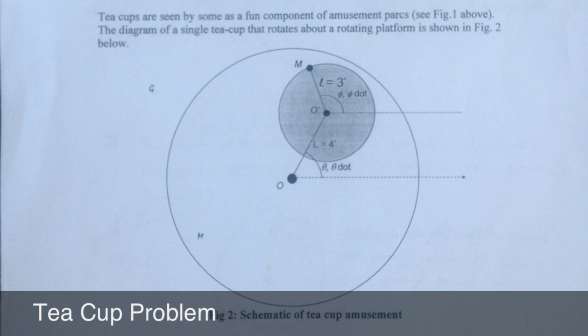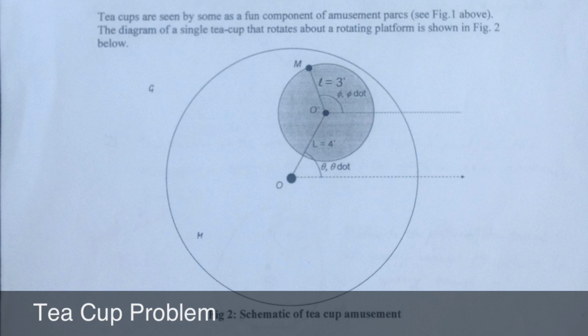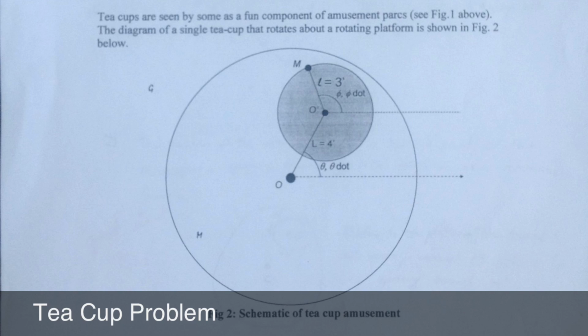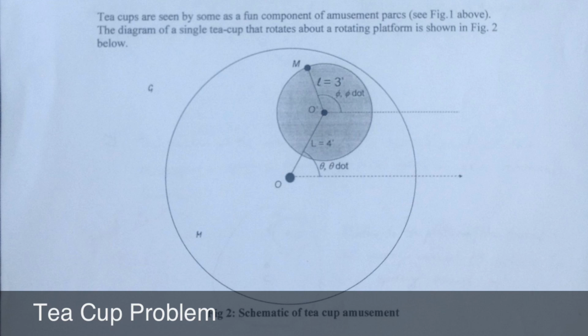And what the problem states is we need to describe the center of curvature of the occupant when the platform has an angular velocity of theta dot and the teacup has an angular velocity of phi dot. It's important to note that these angular velocities are both relative to the ground and they're both equal to each other.